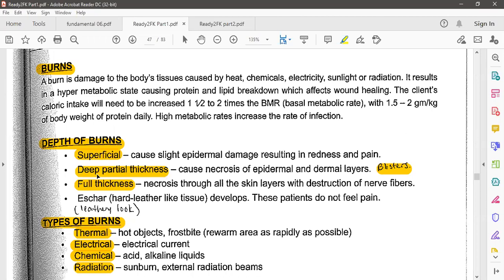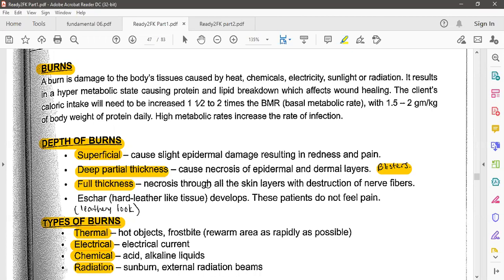Now, if I talk about the deep partial thickness burn, more accurately second degree, the patient's skin is red and whitish, blisters form, and swelling occurs.